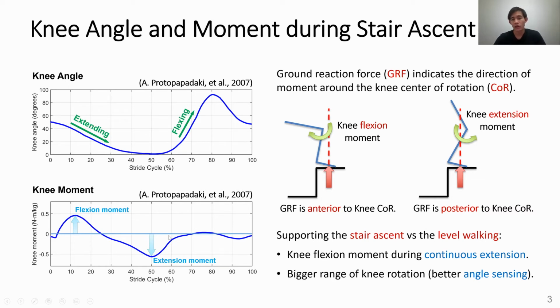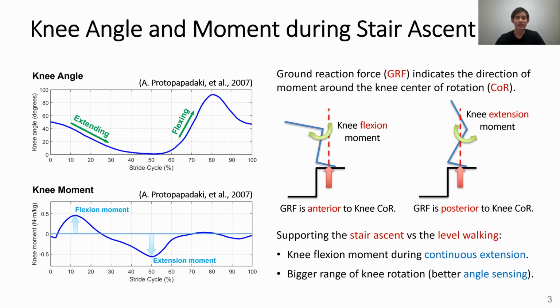But in level walking, the angle may change only between 0 and 20 degrees, a small range. Stair ascent has an advantage in terms of angle sensitivity because we have a big range of angle to use the same sensor to sense the change of the angle and apply the supporting strategy on which angle, and how much torque we can support the motion.